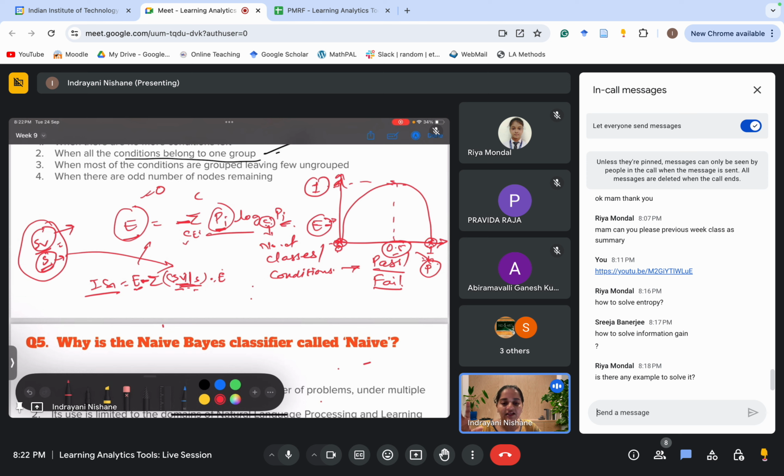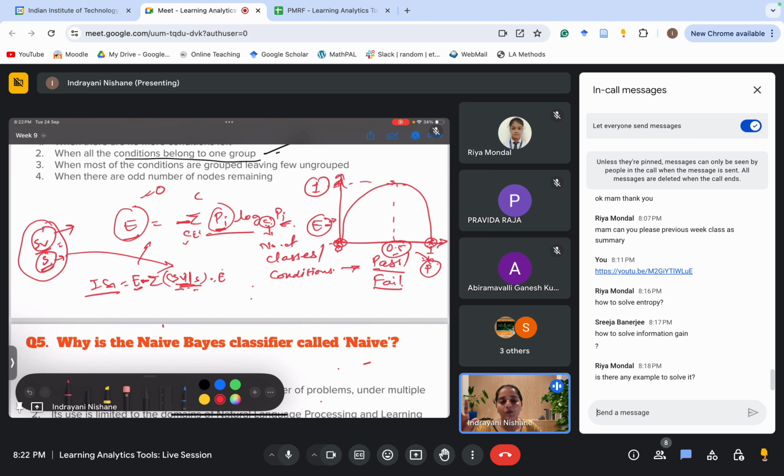So entropy is nothing but how variable your data is. If you all remember the purpose of standard deviation in the data, what is the variability in the data, in the same way entropy is also variability in our data set.